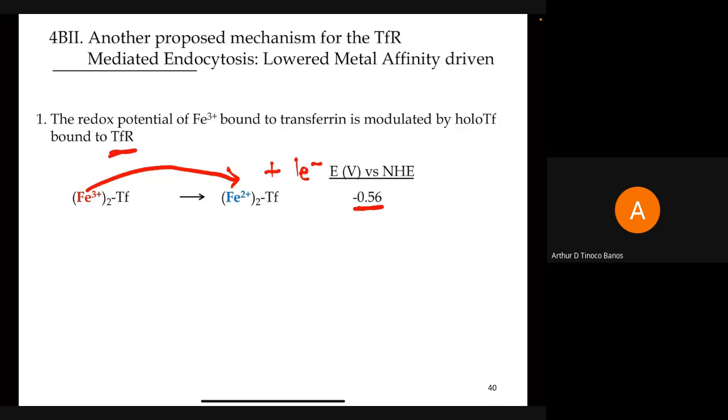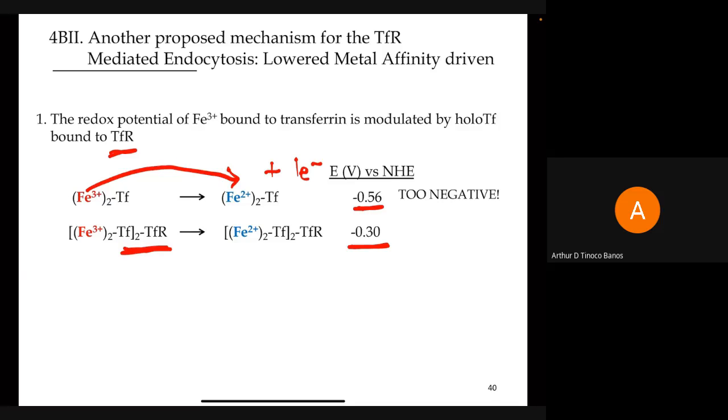But it turns out that in the presence of the receptor, this potential is more positive, so it's still negative, but it's more positive, and is believed to be within the physiological range. And that STEAP3 protein appears to be able to facilitate that process of reducing the metal when it's still bound to the protein. But why is that important?